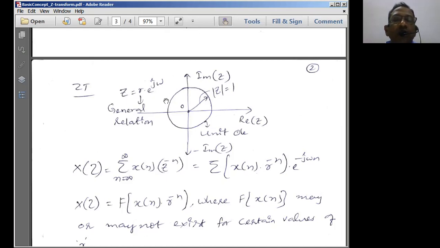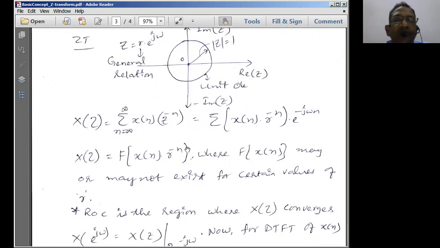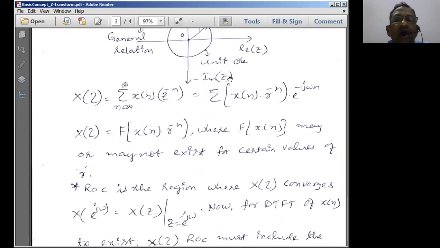So it is going to form a unit circle. This circle is known simply as a unit circle. So the region of convergence is always going to exist with respect to this particular unit circle. So therefore, I can expand the Z transform as X of z is equal to summation x of n into z to the power minus n.